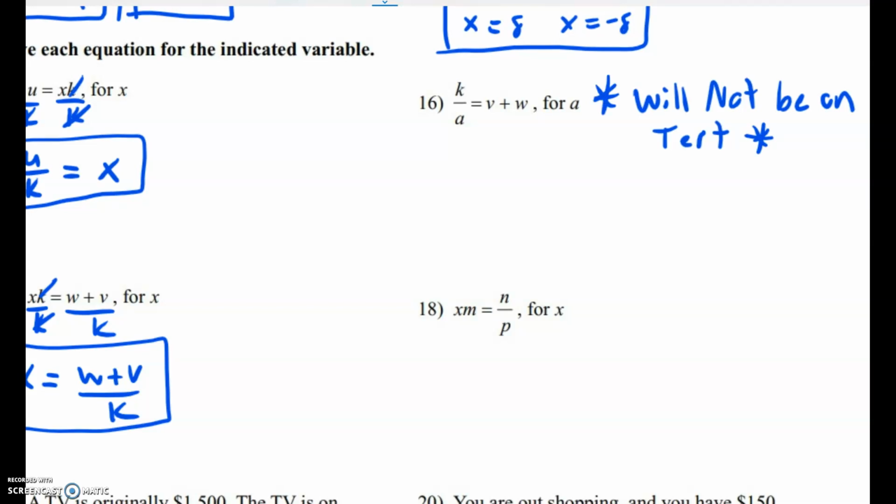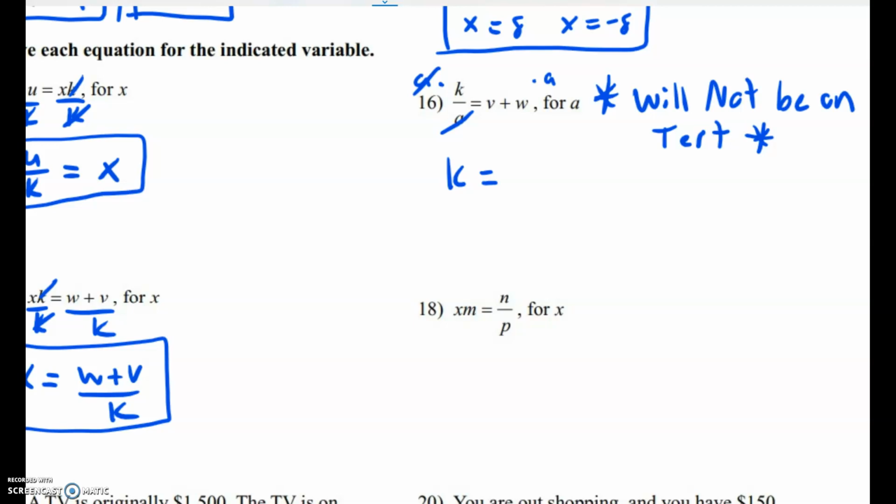Whenever you have your variable in the denominator, what we typically do is multiply by that. Okay, so I'm going to multiply this side by a, but then I also have to multiply the other side by a. That'll get rid of the a in the bottom. It's going to eliminate on the left, but it's going to now move it to the top on the other side.